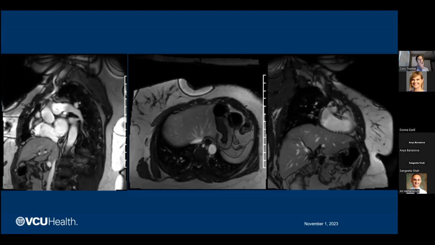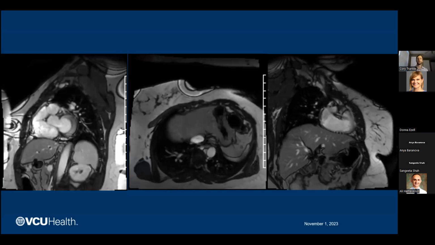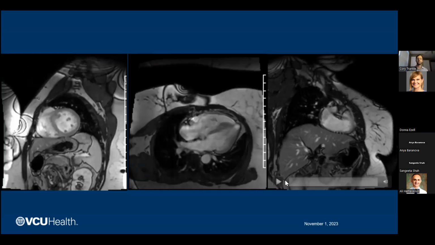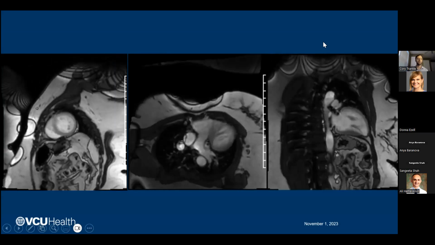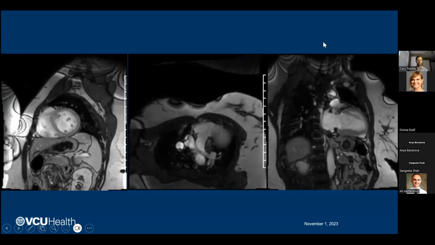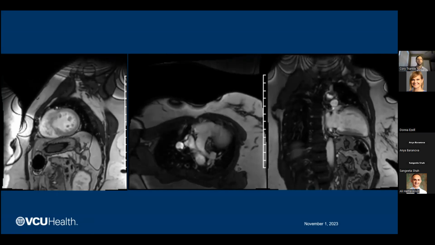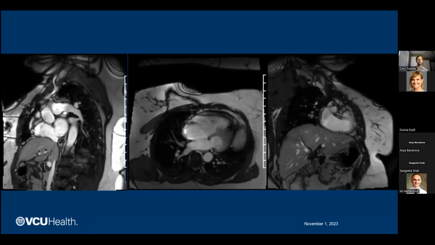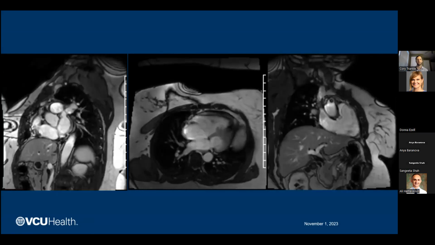As I mentioned, thrombus, I guess you could consider this exploration of a mass, but thrombus has some particular characteristics that make it helpful, which is that if you do one of those late inversion recovery sequences, like what we use for late gadolinium enhancement, thrombus takes a very, very long time to recover its signal.